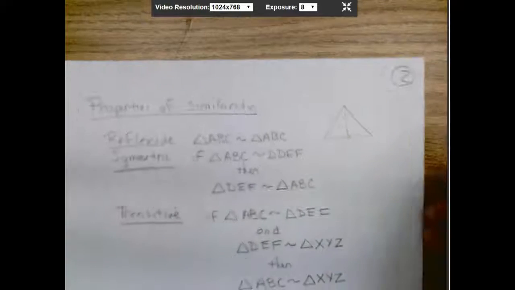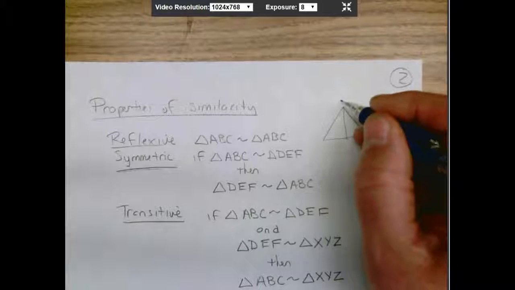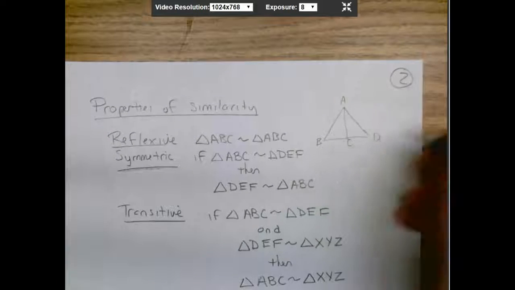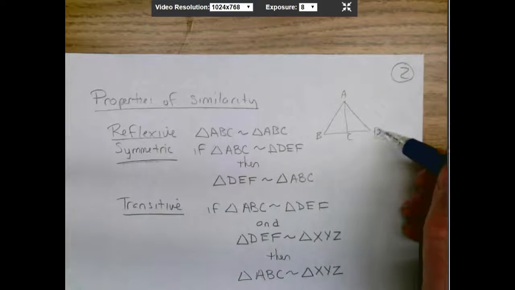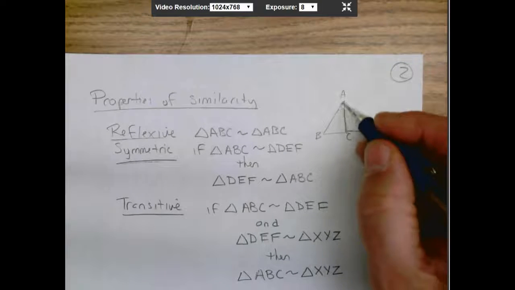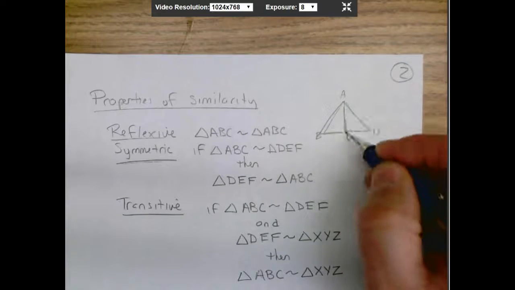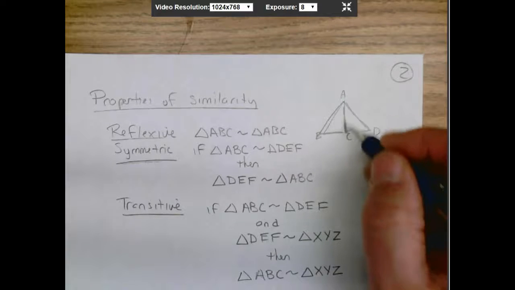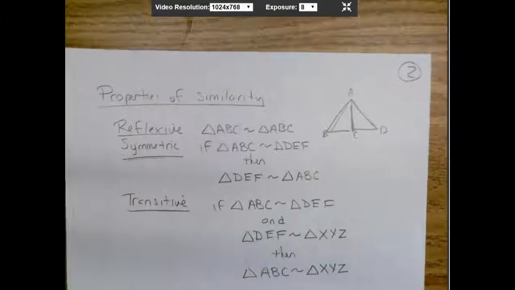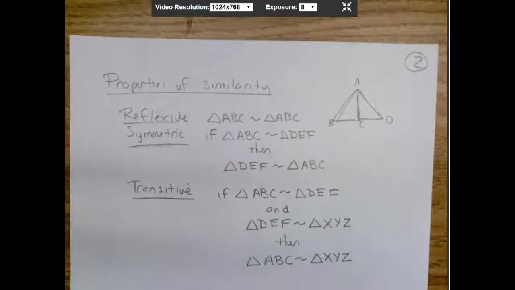If we call this A, B, C, D, and we go around this triangle here and this triangle here, they share this side. That's a reflexive thing, and it's the same, so it has to be congruent. We can figure that out with similar polygons as well.